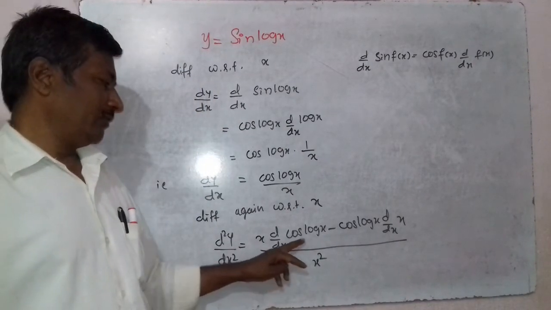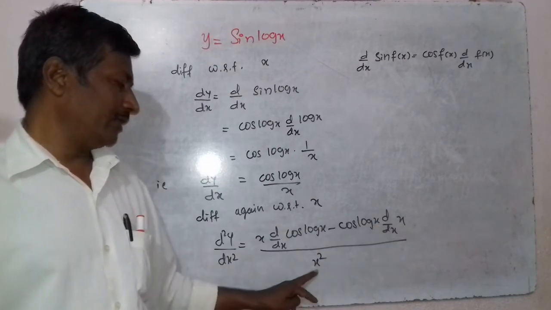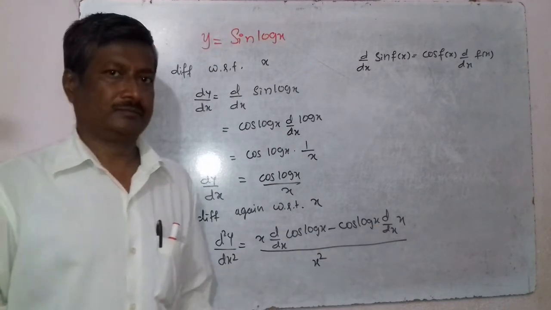Denominator times the derivative of numerator, minus numerator times the derivative of denominator, divided by denominator bracket square.